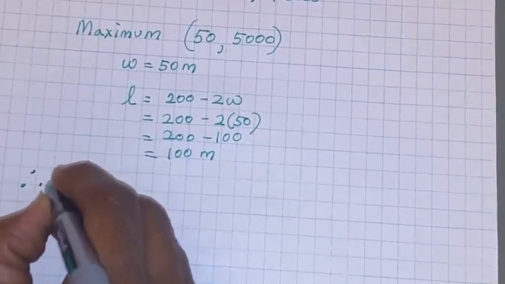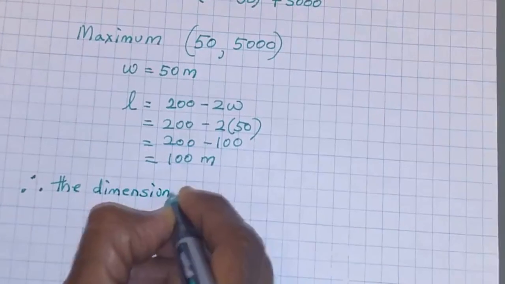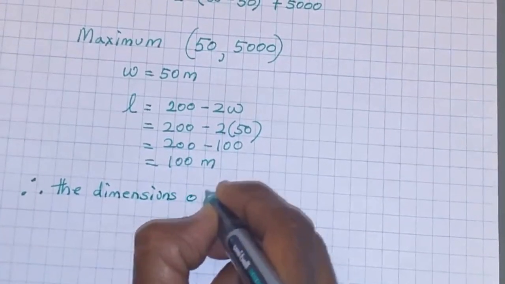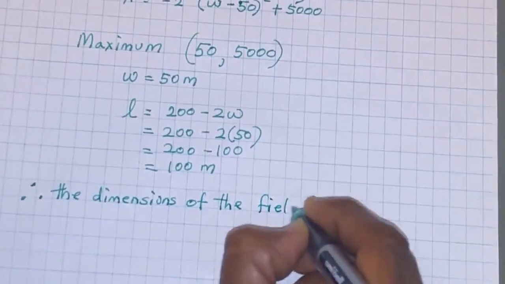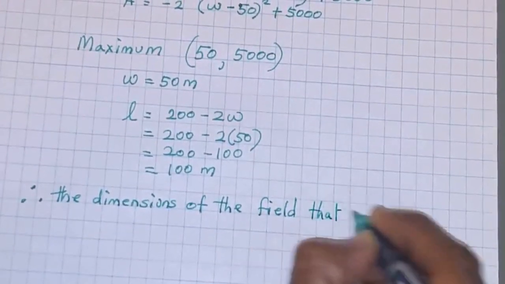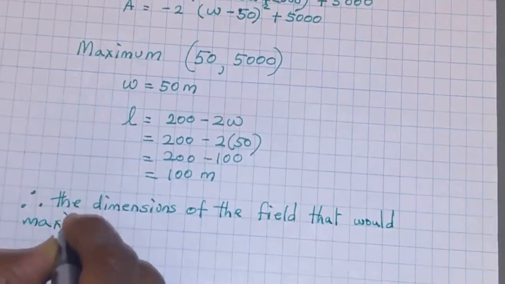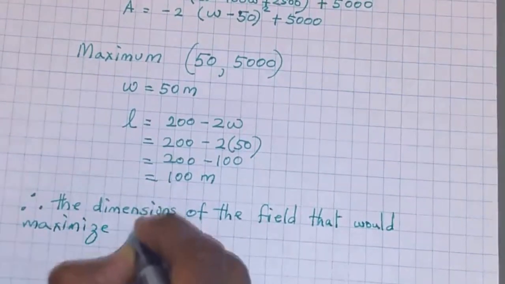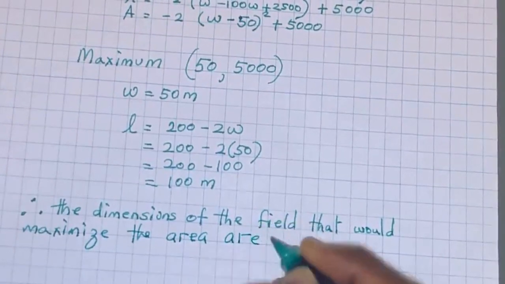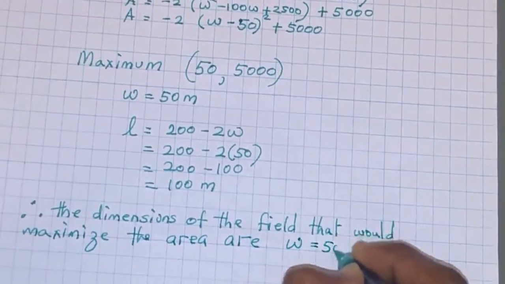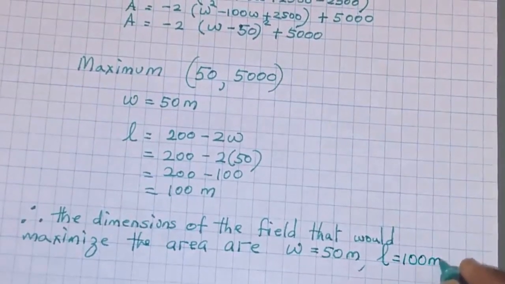Therefore, the dimensions of the field that would maximize the area are: width is going to be 50 meters and length is going to be 100 meters.